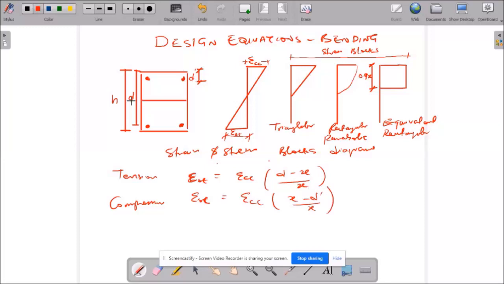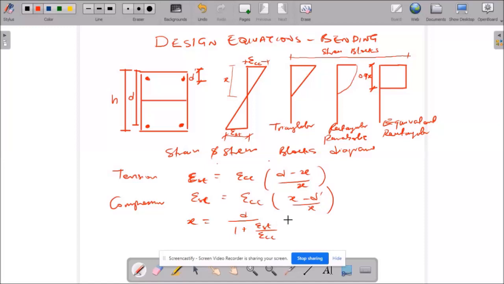Talking about the depth of the neutral axis, considering it as x, we can make x the subject of formula, where x will be equal to d over 1 plus Est over Ecc.